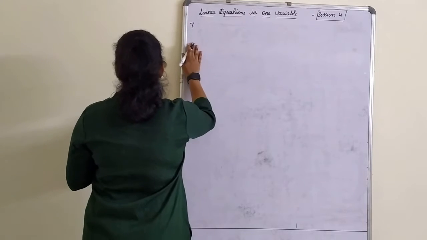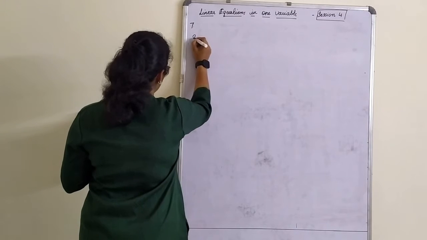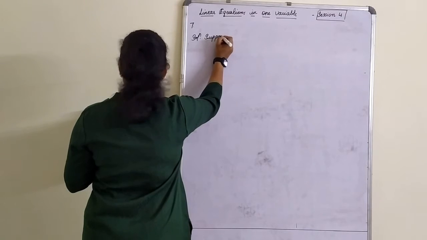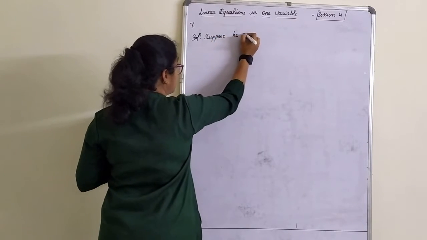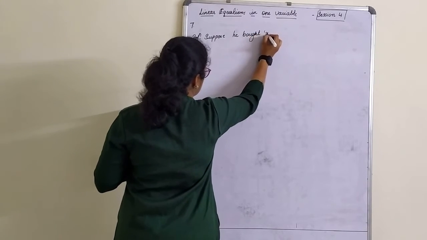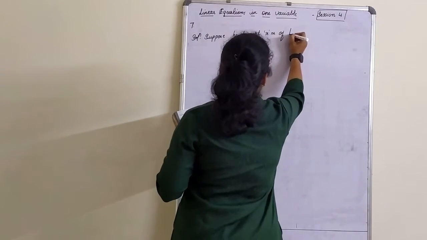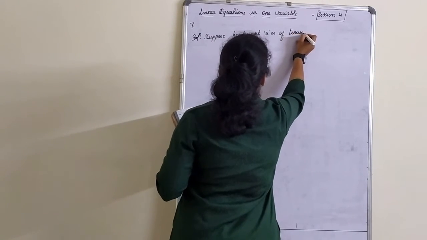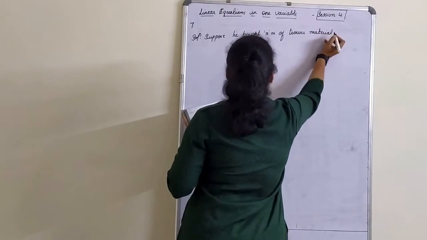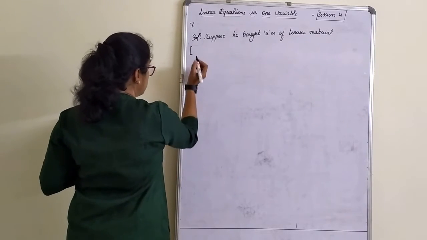So we will write the solution. Suppose he bought x meters of trouser material. Let us assume that he has bought x meters of trouser material. What is the condition given?